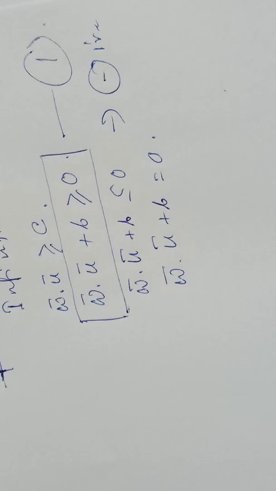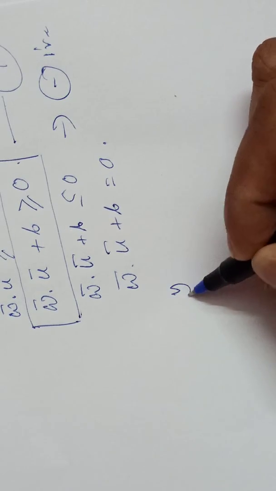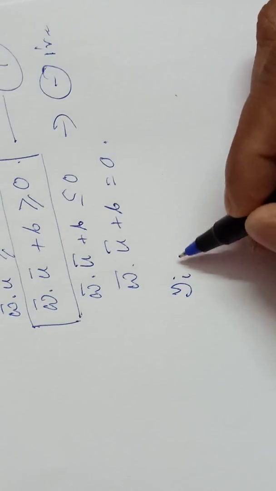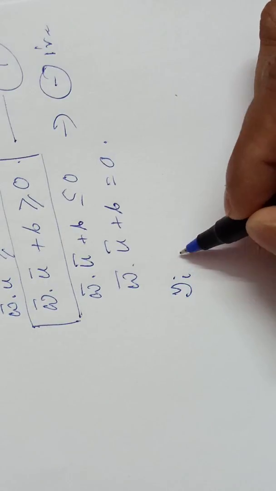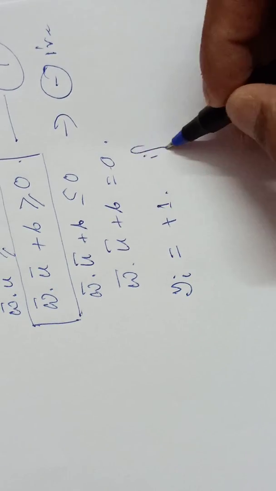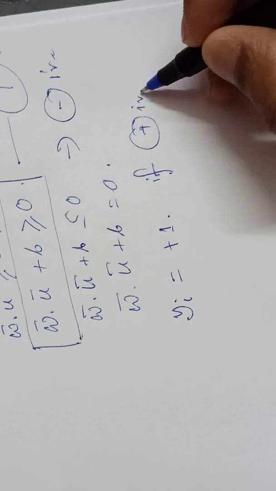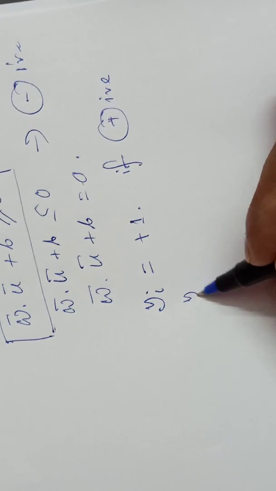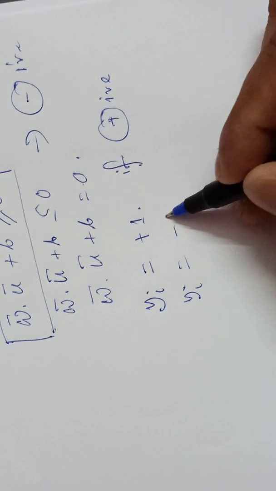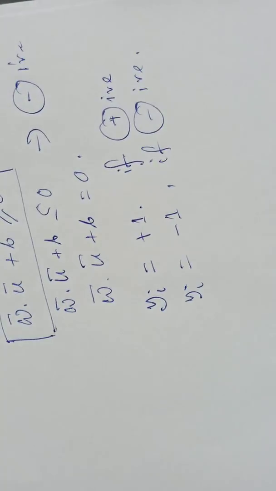Now let us consider one output variable y suffix i, which equals plus 1 if the data is positive, and y suffix i is minus 1 if this is negative.